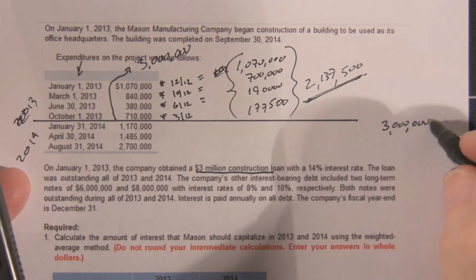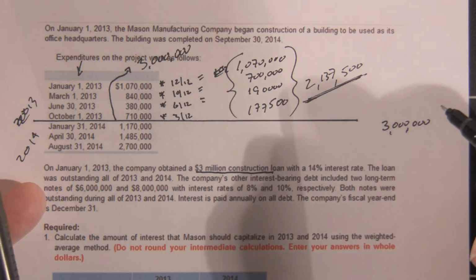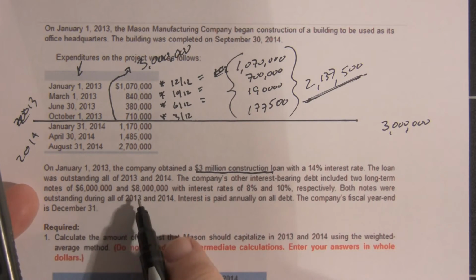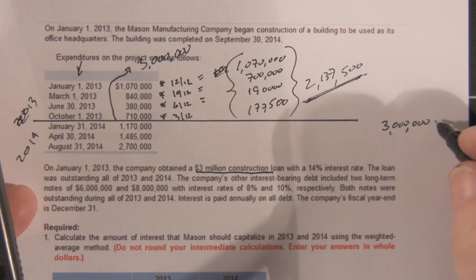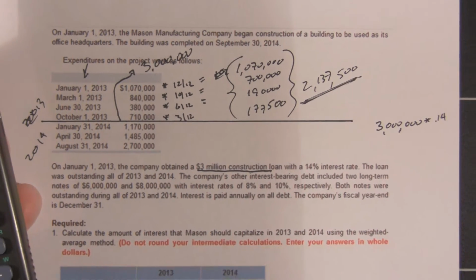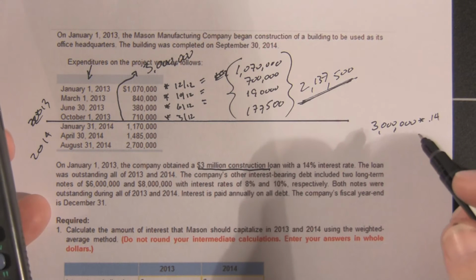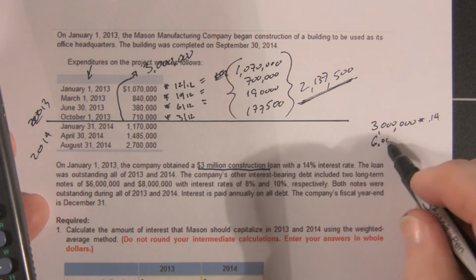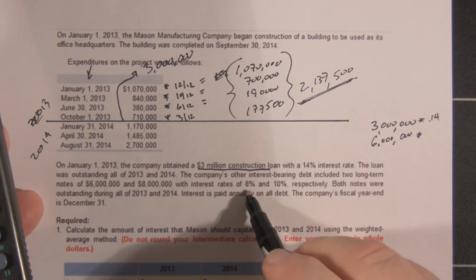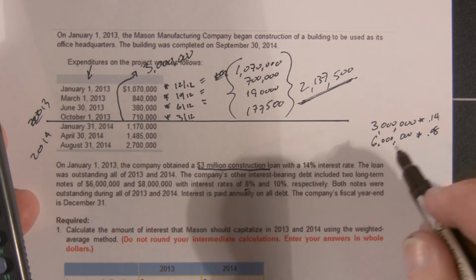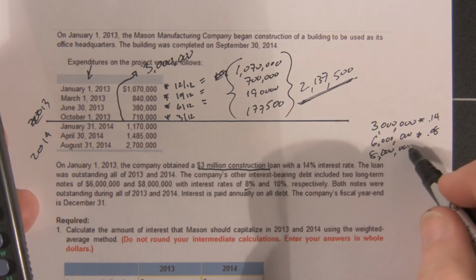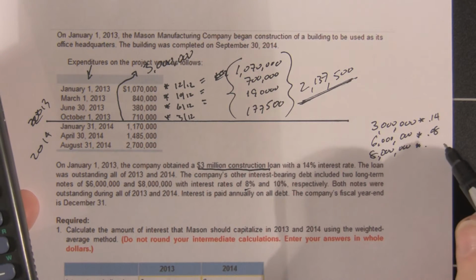And we have two other notes of 6 mil and 8 mil. So the 3 mil is at 14%, and the 6 mil is at 8%, and the 8 mil is at 10%.